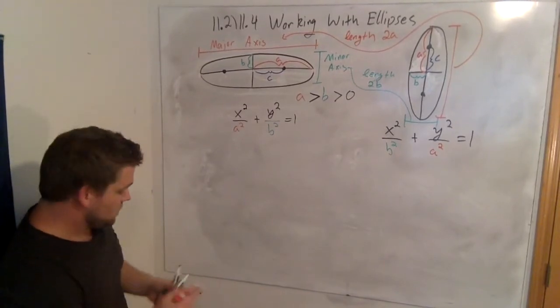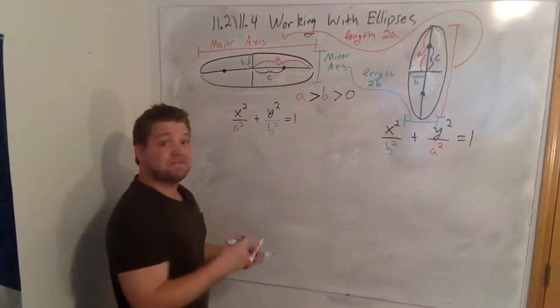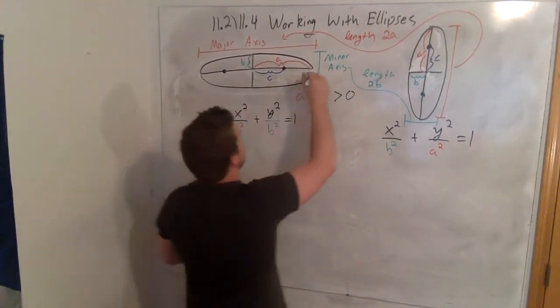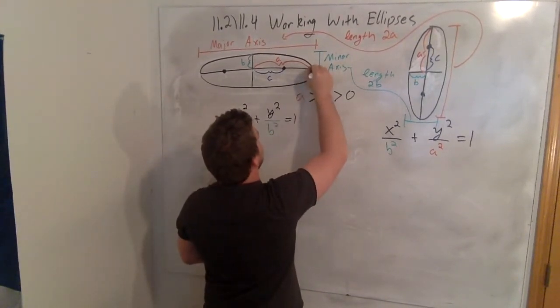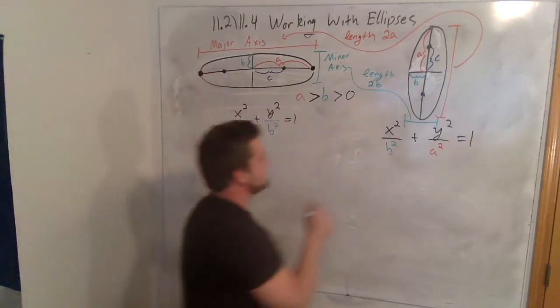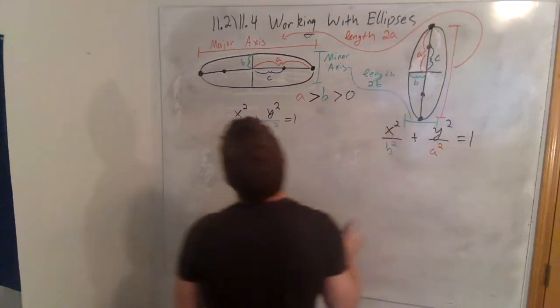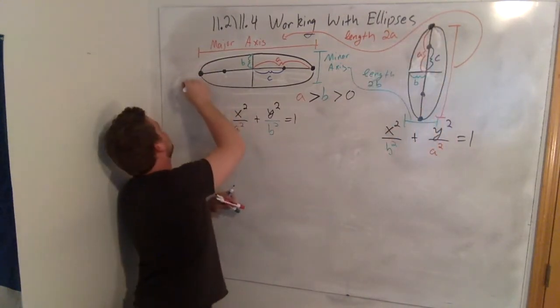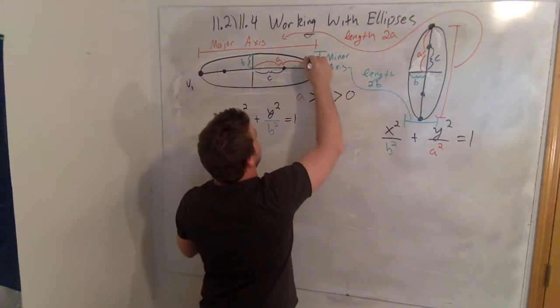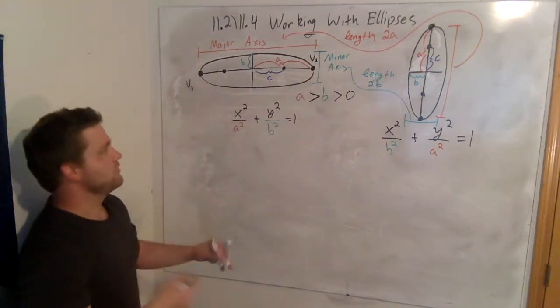Okay. So another common thing that you might hear is something called a vertex. The vertices of an ellipse are the endpoints of the major axis. So I'll arbitrarily label these. Let's call this one V1, and we'll call this one V2. They'll use capital V's with numbers to talk about the vertices.